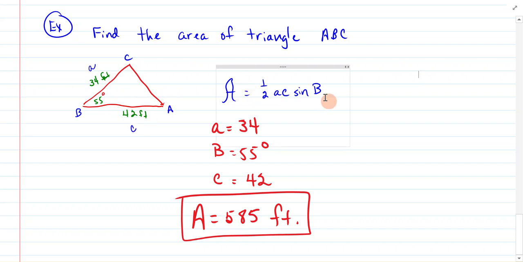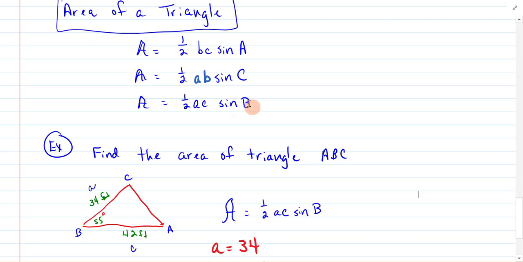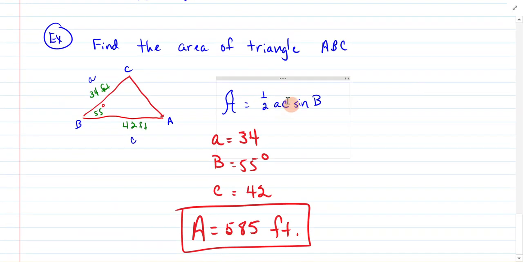So if you're given angle B, you know you're going to use that formula that had sine B, this one. So it's 1/2 of a times c times sine B. You fill in the pieces that you need, and then that's strictly in the calculator. I would put in a times c times sine B, and then I would divide it by 2 at the end. So that's how we do that.